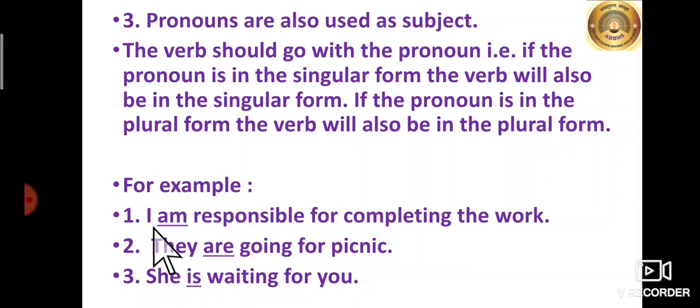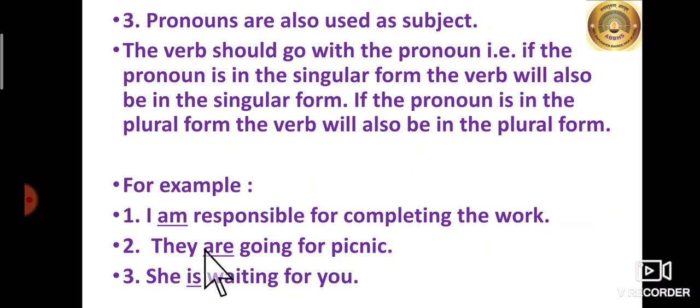For example, I am responsible for completing the work. Now the pronoun is I and the verb am, which is used for a singular object or person in a sentence. Now they is a pronoun which is used for many people, and it is in the plural form. So they are is a verb used for the plural form.